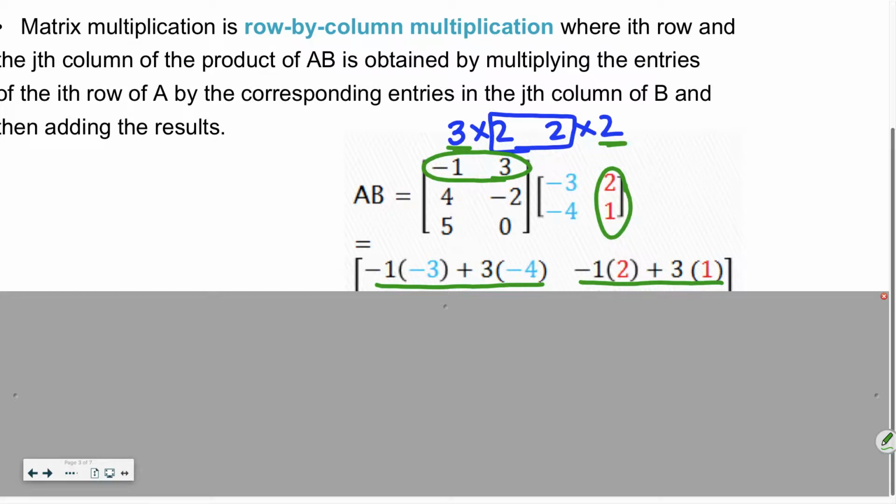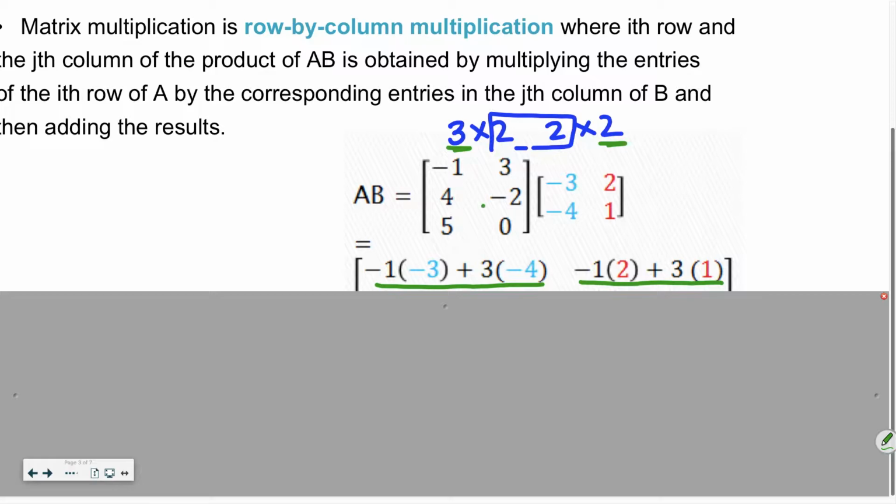See where that's coming from? -1 times 2, those are the first entries, plus 3 times 1, those are the next entries. We have now run out of columns. Do you agree? Okay.